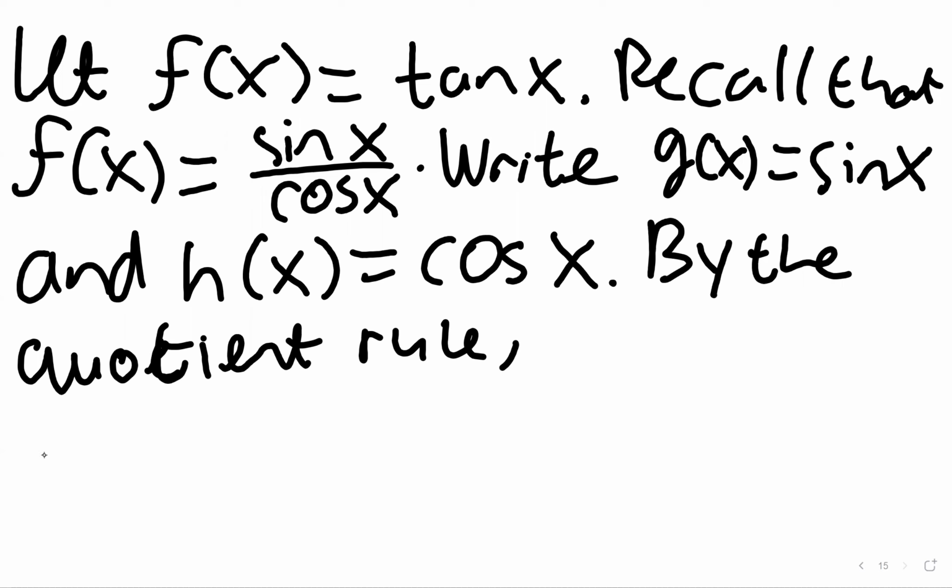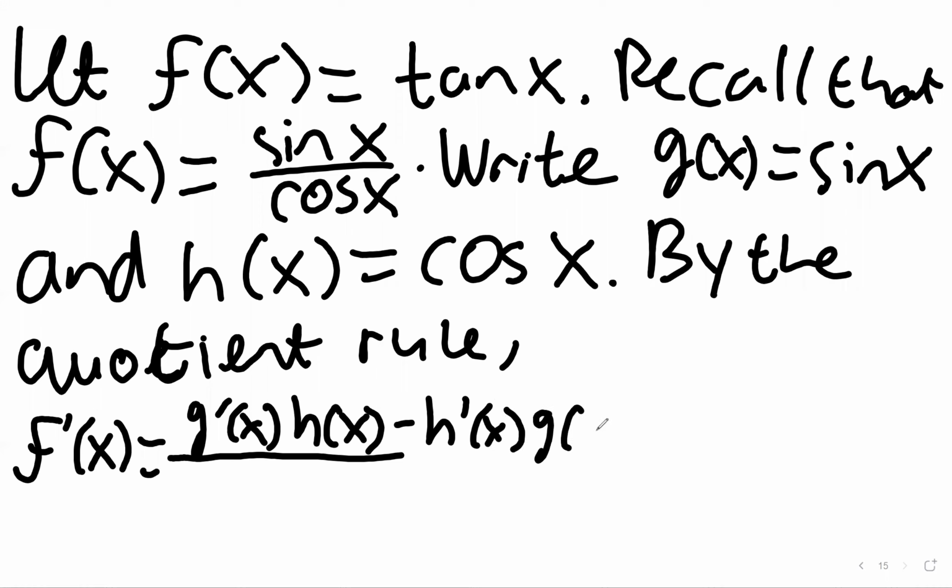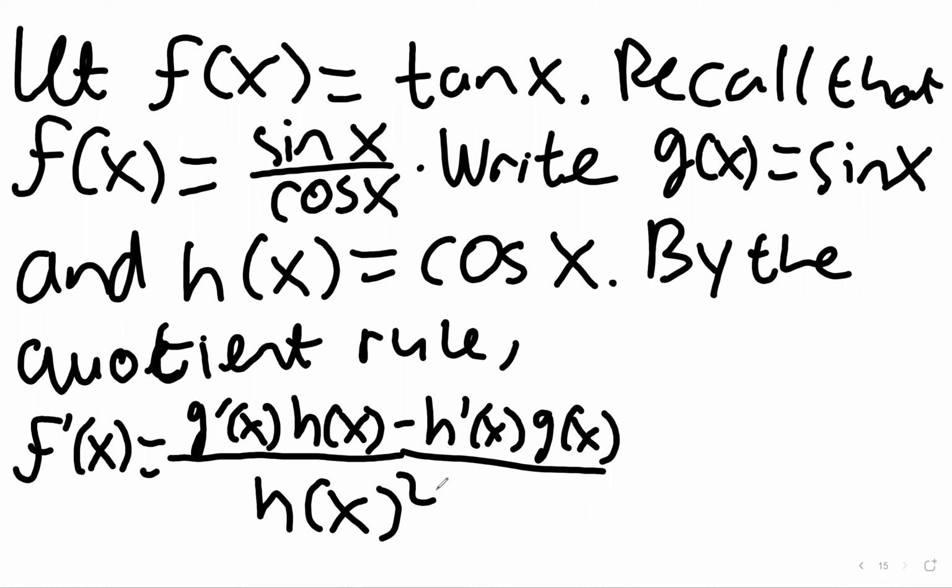I will first write the formula. f prime of x equals, here f of x is g over h, so we'll have g prime of x times h of x, minus h prime of x times g of x, divided by h of x squared.